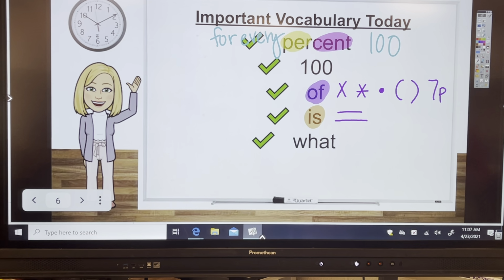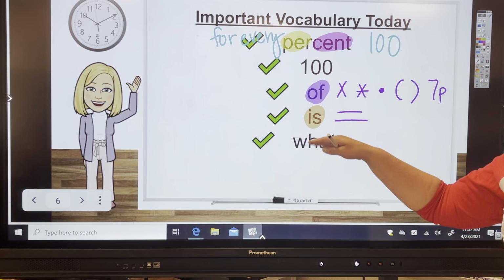What's the past tense of is? Was. So if you had the word was or is, it doesn't matter which one you have. It doesn't matter if it's is or was, it still equals, okay? Or have, okay?